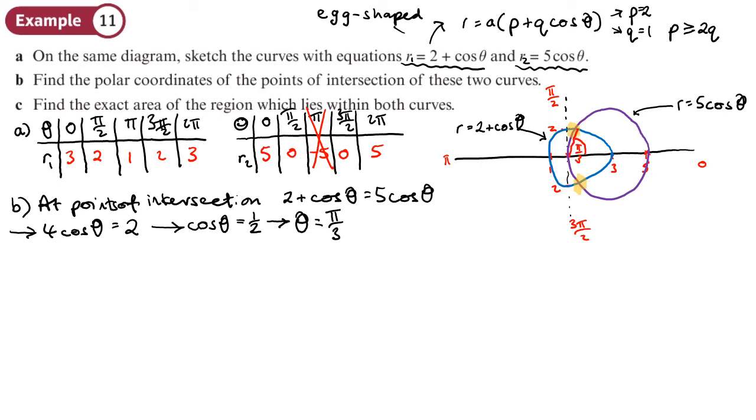Now this is all symmetrical, there's another one down here. So I could call that negative pi over 3, or 2 pi minus pi over 3. So that other angle, I could write it down, as I said, minus pi over 3, or that's the same as 5 pi over 3.